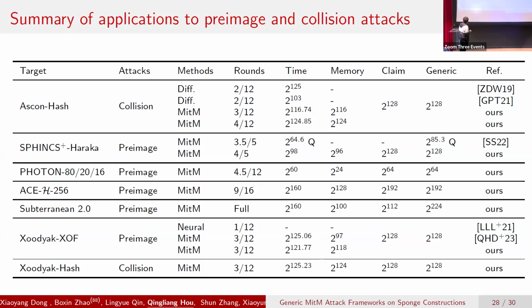We also improved the Sphinx Harlock 3.5-round quantum preimage attack, and 4-round classical preimage attack. Besides, we also give some first third-party cryptanalysis results on some widely standardized hash functions like Photon, SHA.